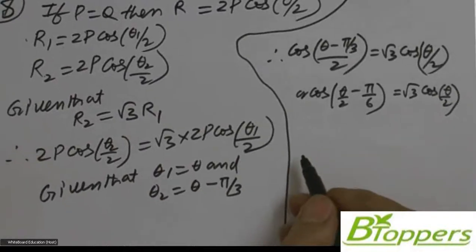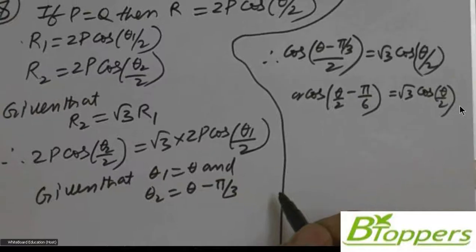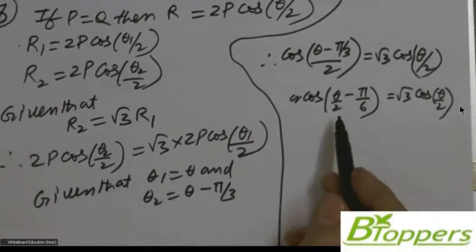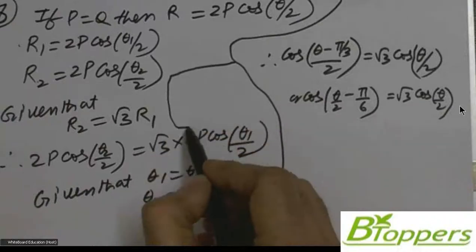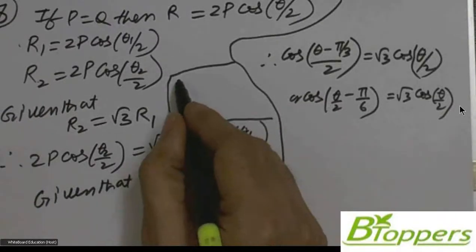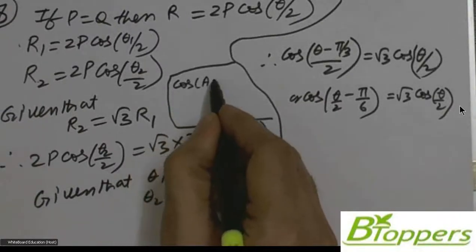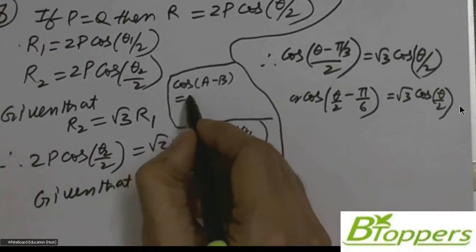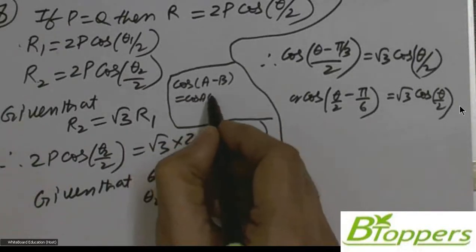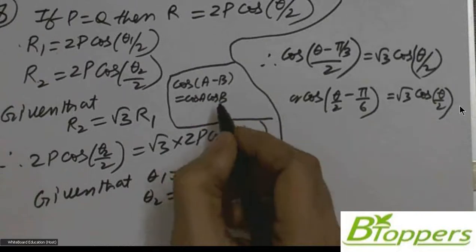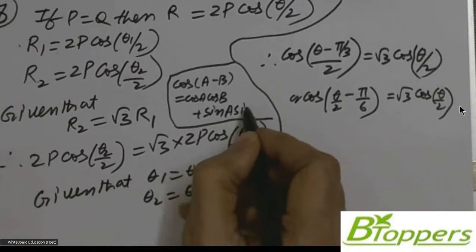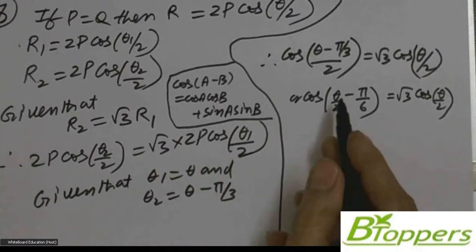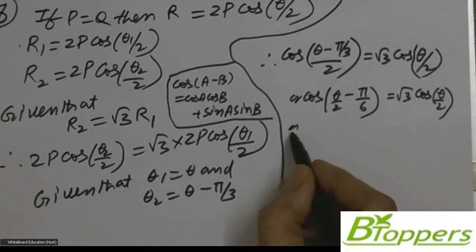You can use the formula in trigonometry cos A minus B. There is one formula in trigonometry you are supposed to be familiar with. Cos A minus B equal to cos A cos B plus sin A sin B. You can use that formula here.